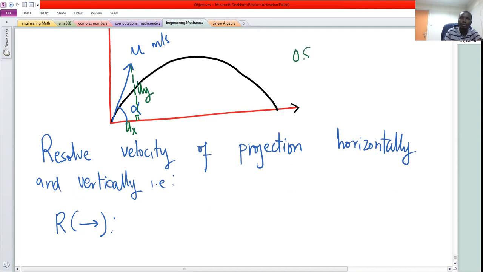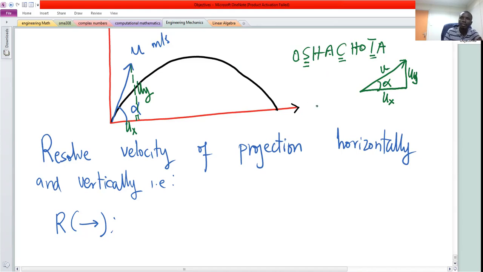So we have this right angle triangle. This angle is alpha, this one is u, this one is ux, and this one is uy. Sine is opposite over hypotenuse, cosine is adjacent over hypotenuse, tan is opposite over adjacent.